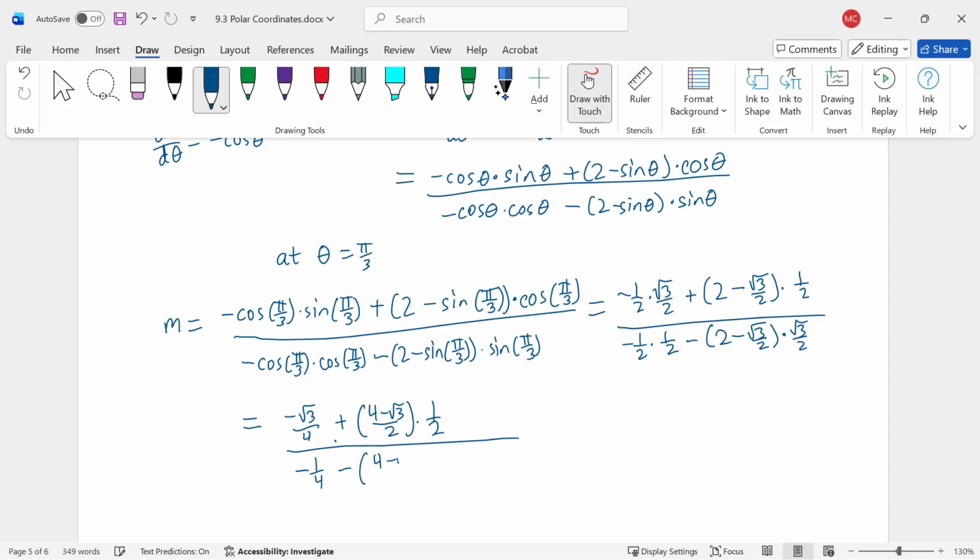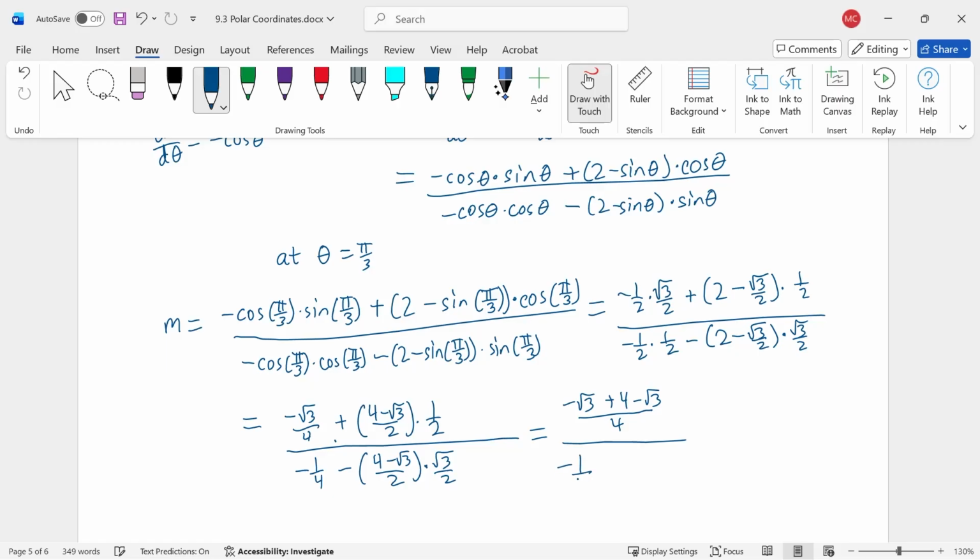So 4 minus root 3 over 2 times the square root of 3 over 2. Okay, now up top, we get negative root 3 plus 4 minus root 3 all over 4. Because when I multiply this 1/2, I get 1/4. So both fractions are over 4. So we'll put that whole thing over 4.